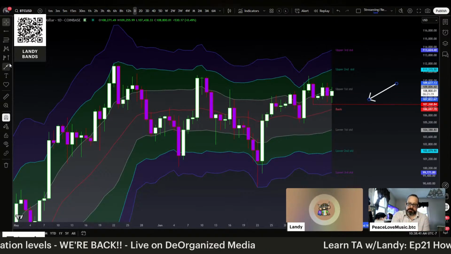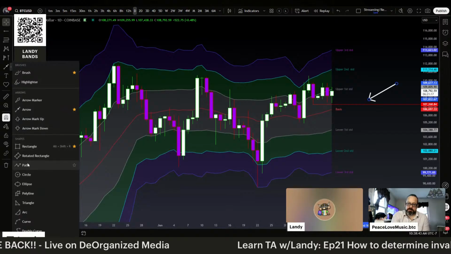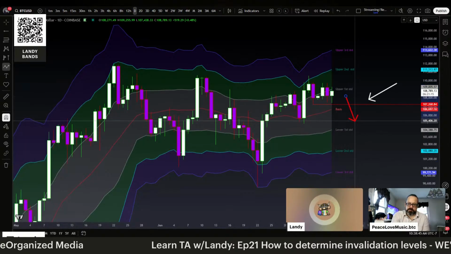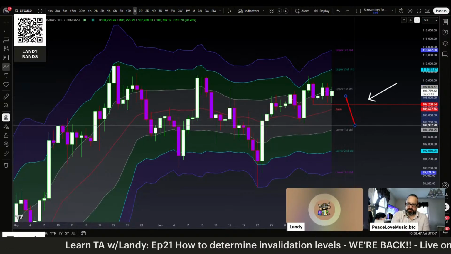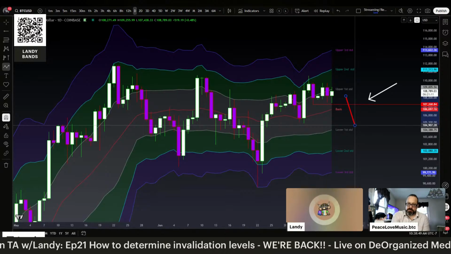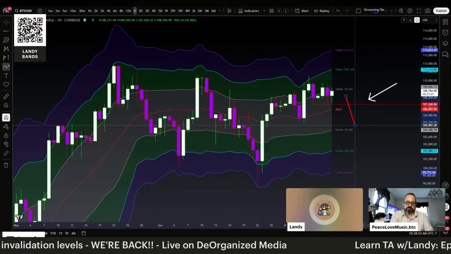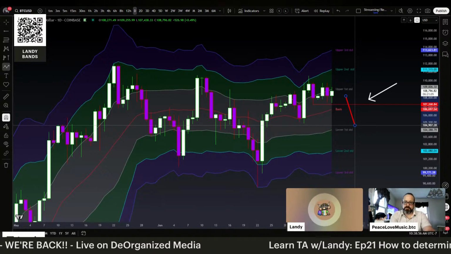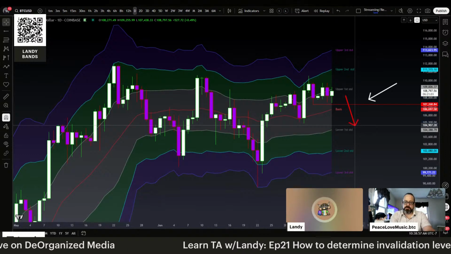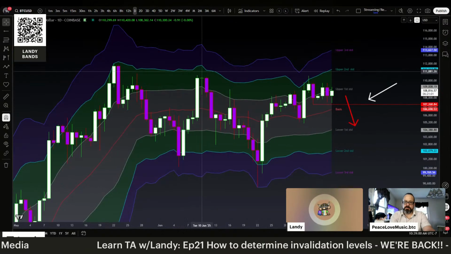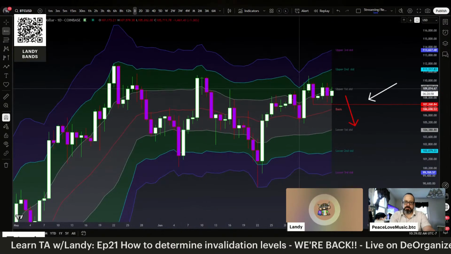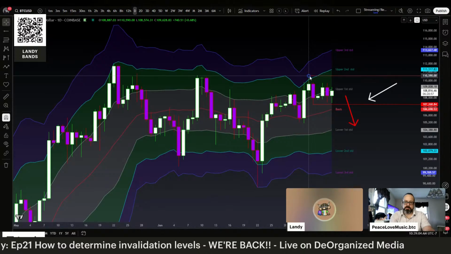So if we were to see a breakdown below here, we now have a trend break. It invalidates trend continuation to the upside until we see a clear shift back to the upside, which would be back above this high.